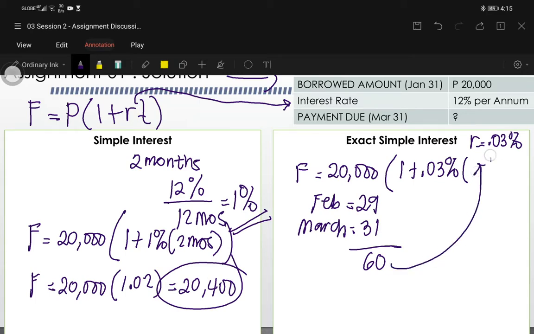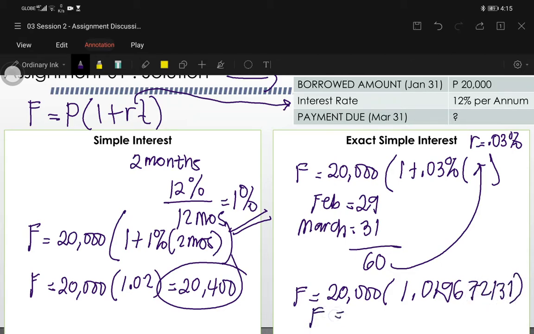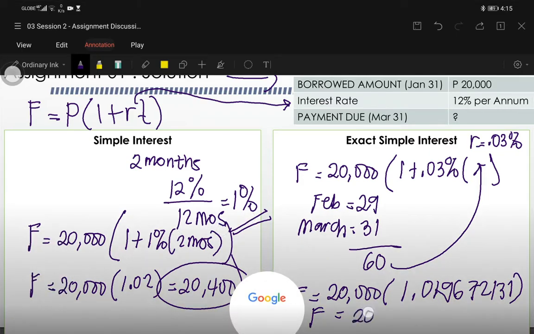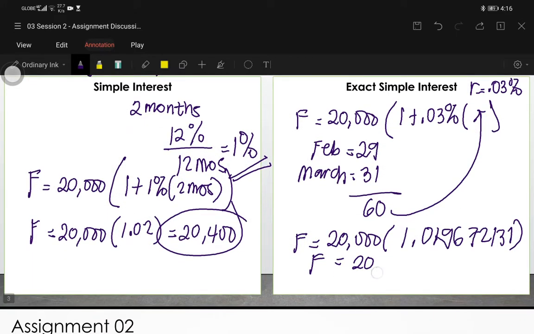So, that would be your multiplier, meaning F is equal to 20,000 times 1.019672131. So the future amount is 20,393.44.